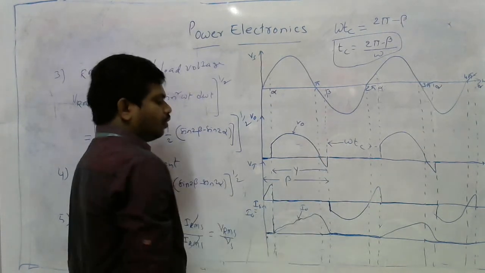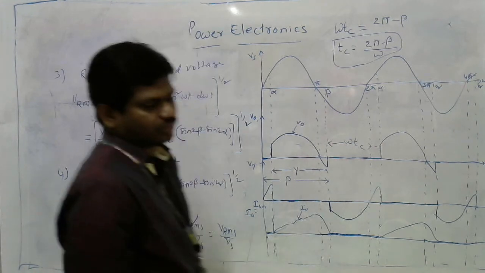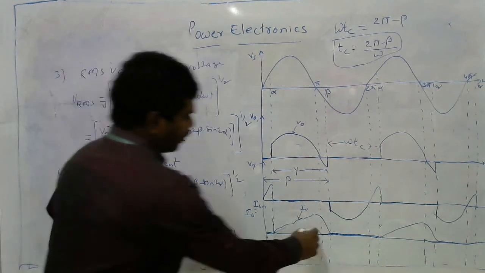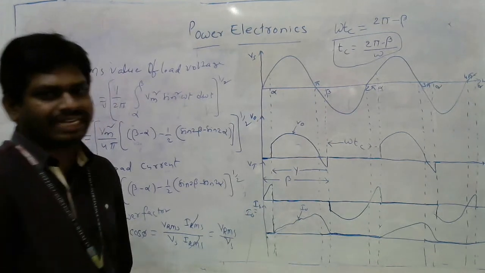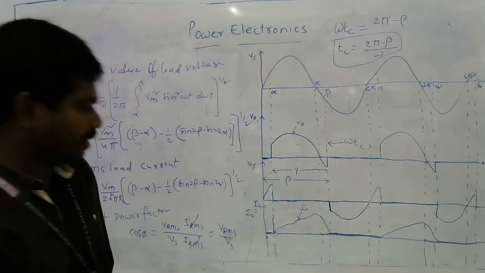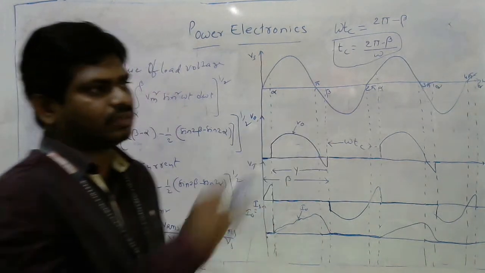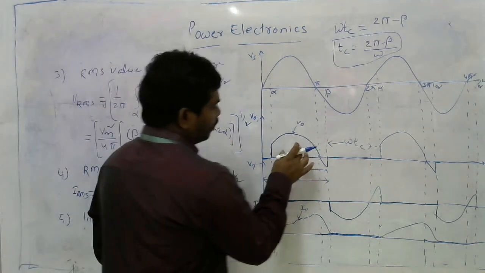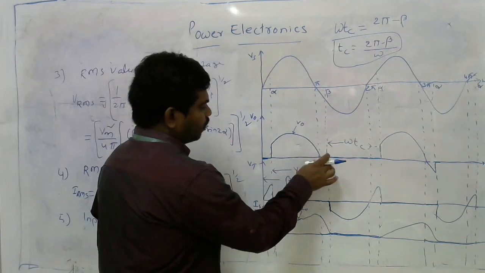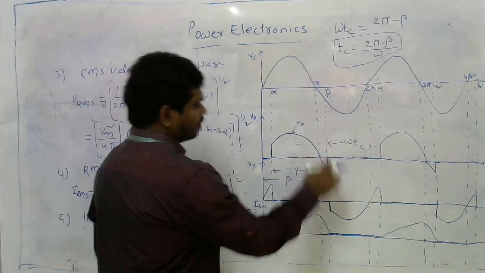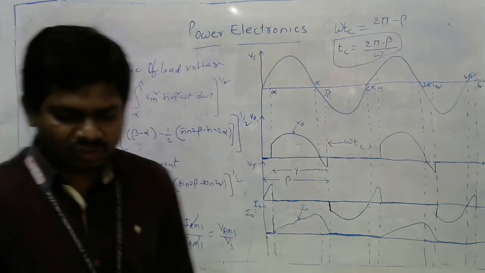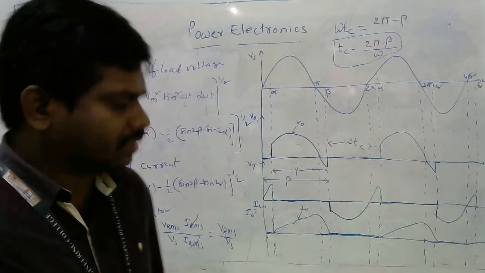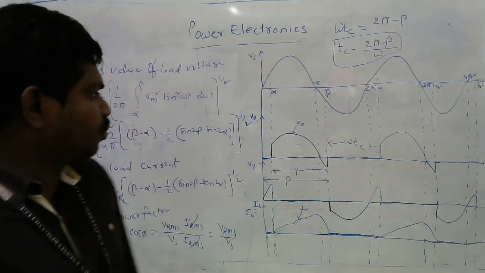Up to pi I am getting positive currents, and up to pi plus alpha also it is positive current but in a decaying manner. Don't think that it is a negative value. It is positive itself, but decaying. But what happened in this case is that we can see two values, one positive and the other negative. So that's the problem of this circuit.